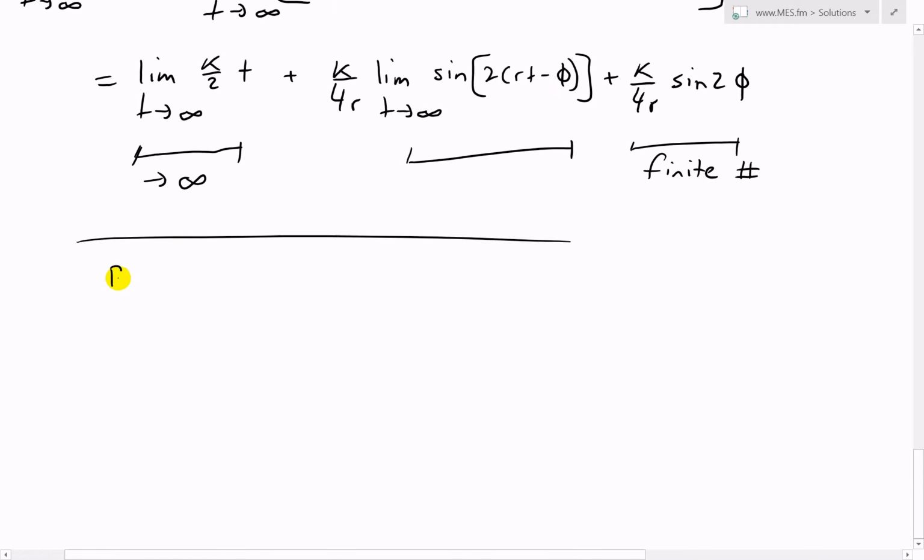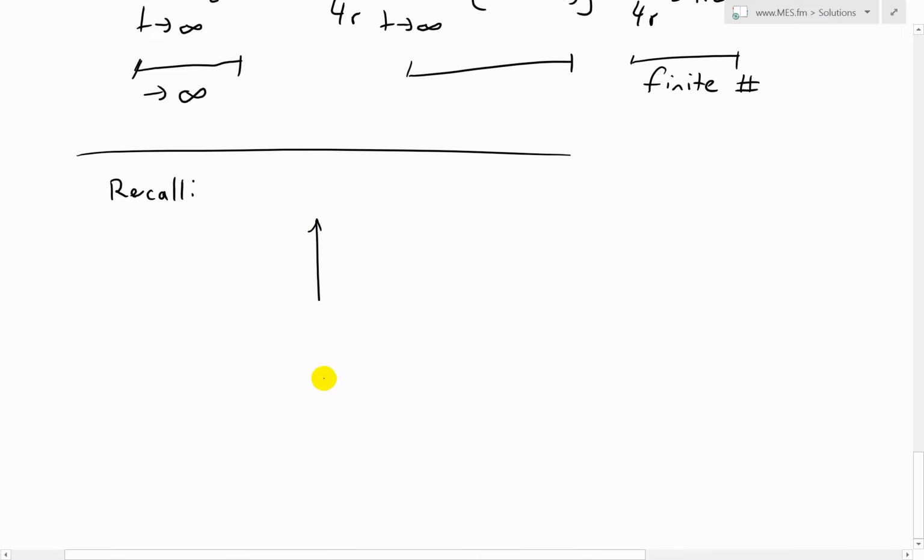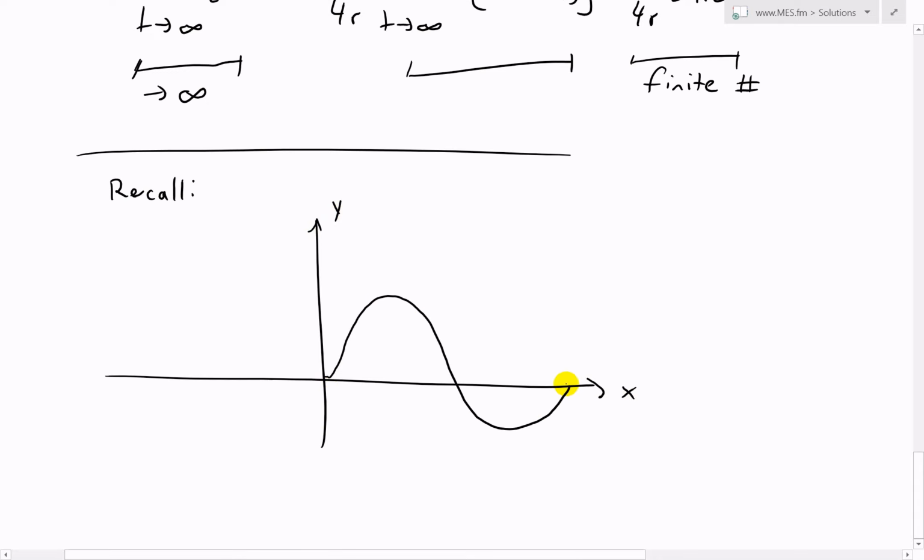So if we recall the sine function, let's draw this out. If we have f, y, and x, the sine function looks something like this, and it keeps going. Let's draw this a bit better.